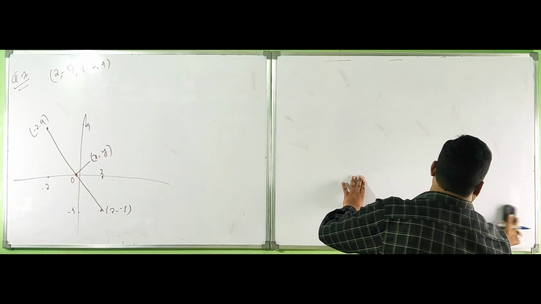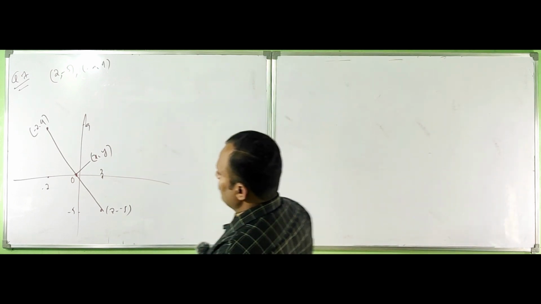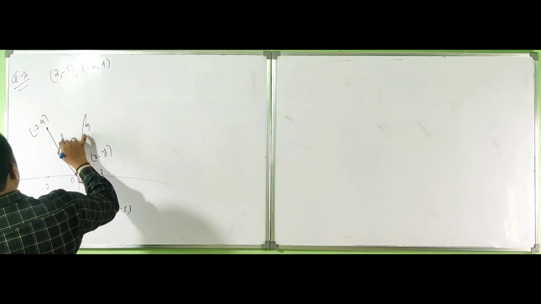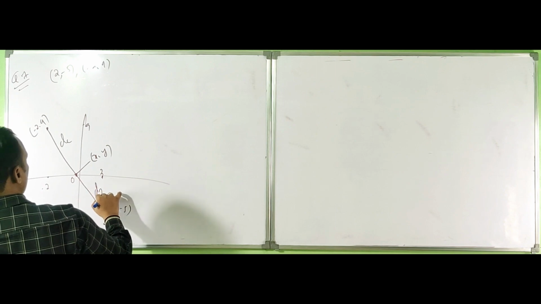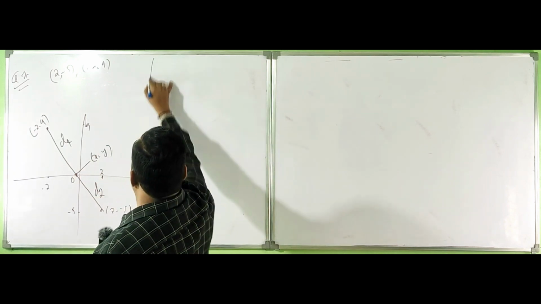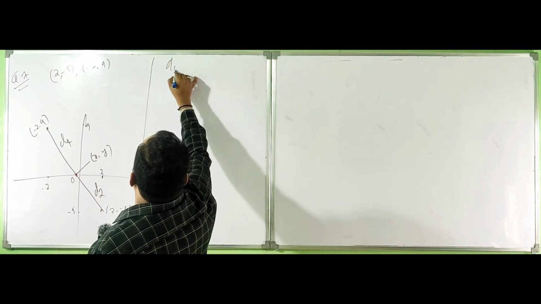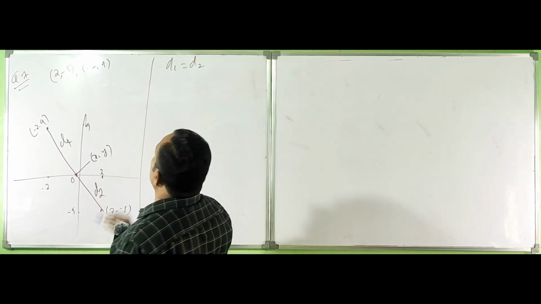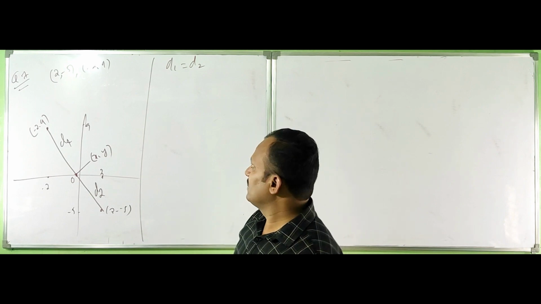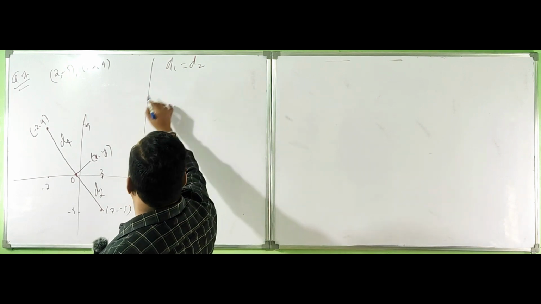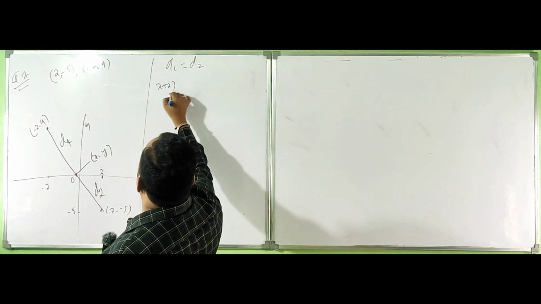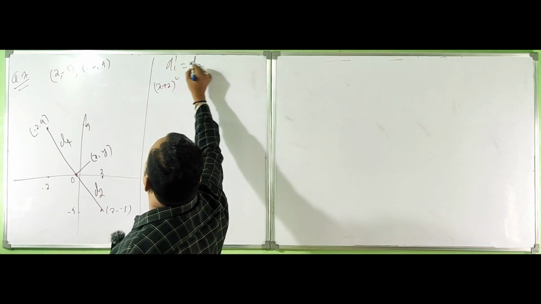Okay, this I call D1 and this I call D2. What is the condition here? D1 is equal to D2, equidistance. What is D1 here? (x + 2)^2, can I write D1 square?